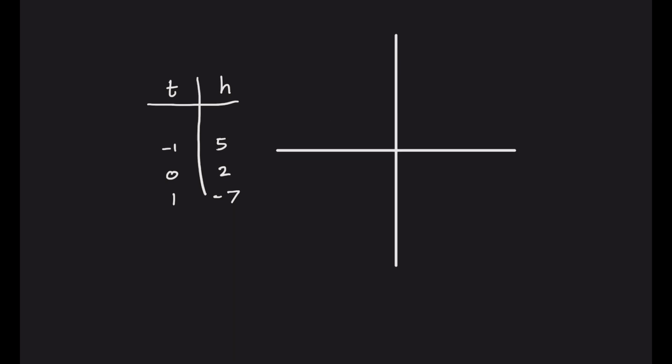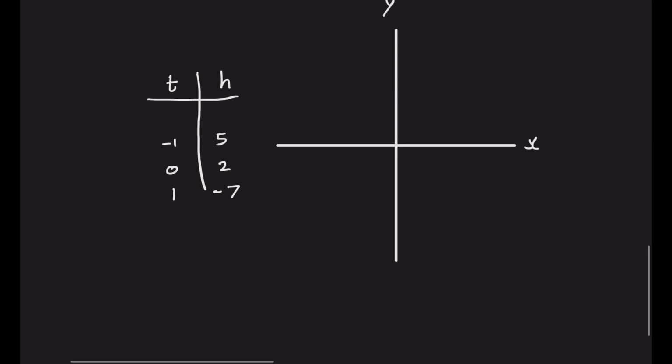Let's start with 0. So this is x, this is y, and then because it's t and h, this is t, this is h. So 0. When t is 0, which is right here, we have the point 2. So we have this point, it's the first point. And then we have 1 and negative 7. So 1 is there.